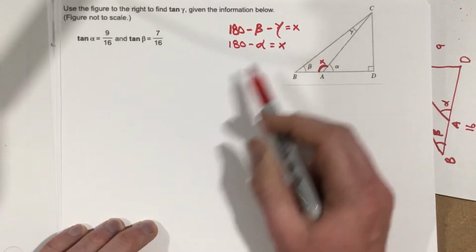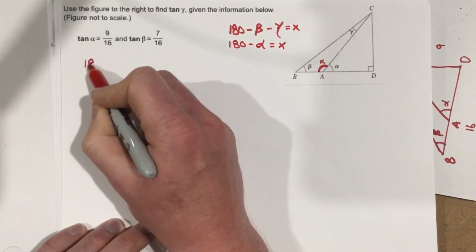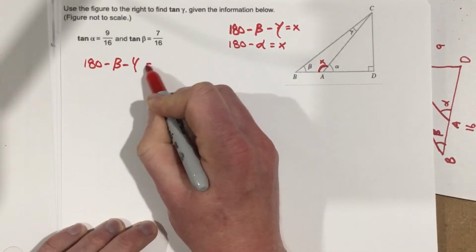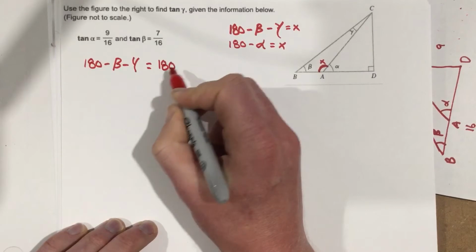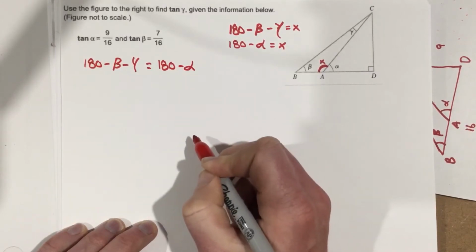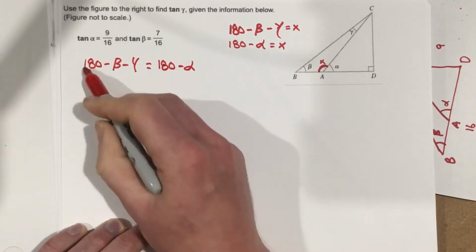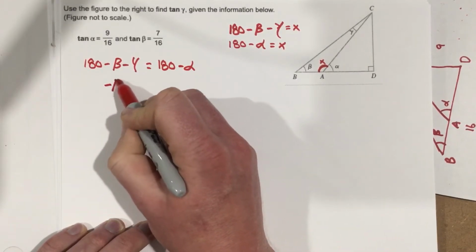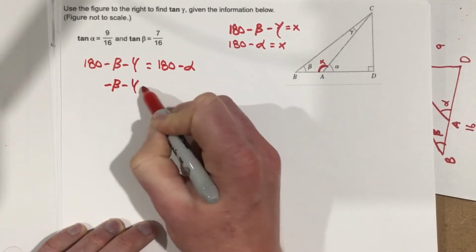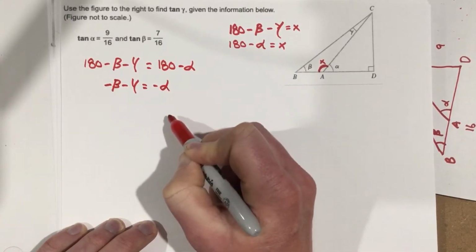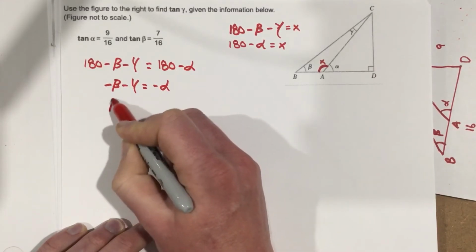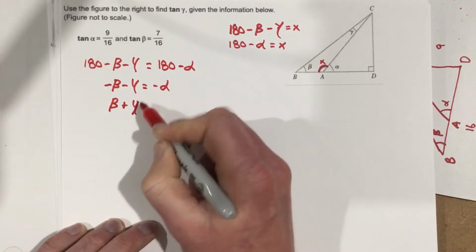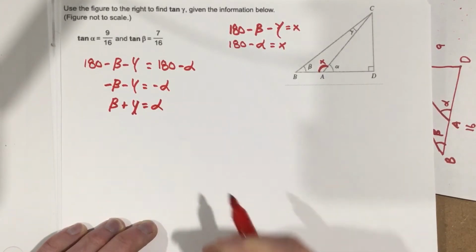We can use substitution to set these equal to each other: 180 minus beta minus gamma equals 180 minus alpha. Then subtract the 180 out, since it essentially doesn't matter. Minus beta minus gamma equals negative alpha. Divide it all by a negative, and beta plus gamma equals alpha.